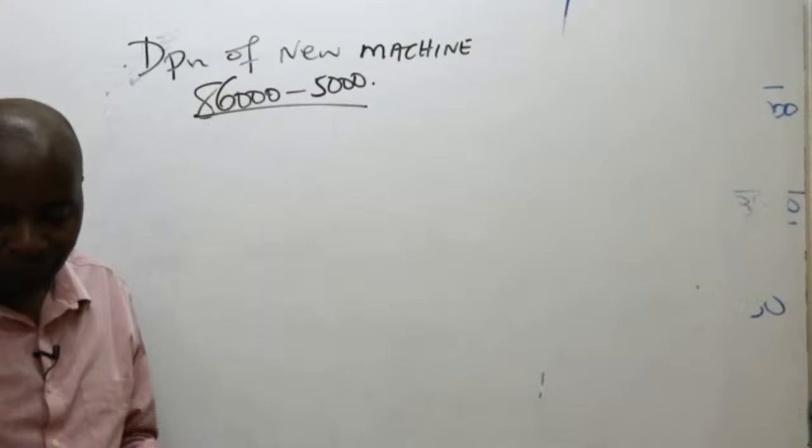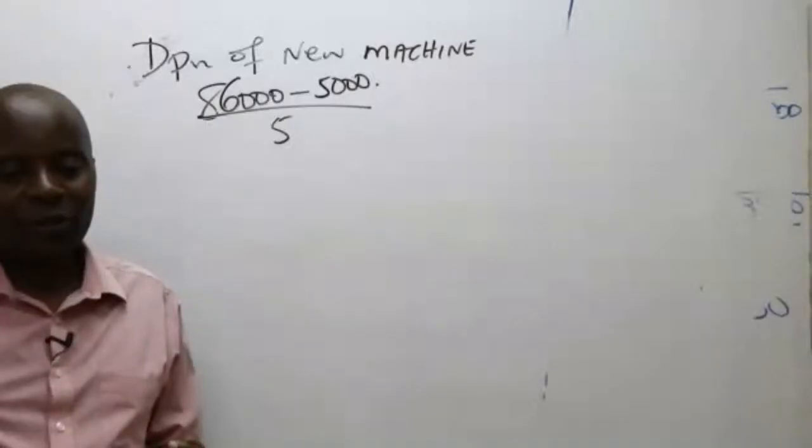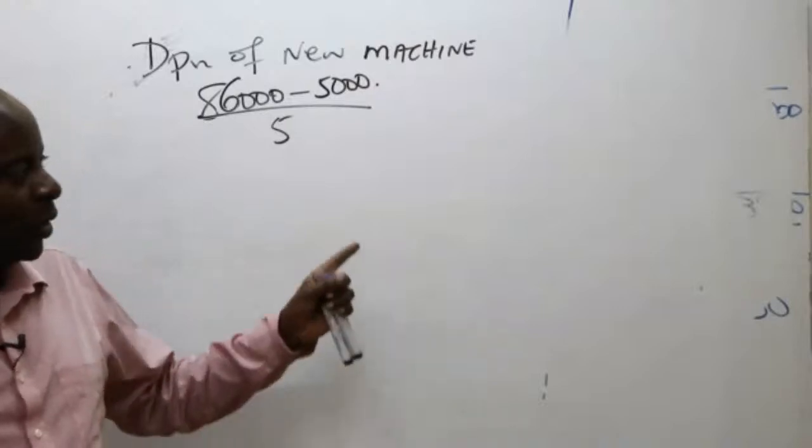Number of years are 5. So please give us the figure. What do we have over here?